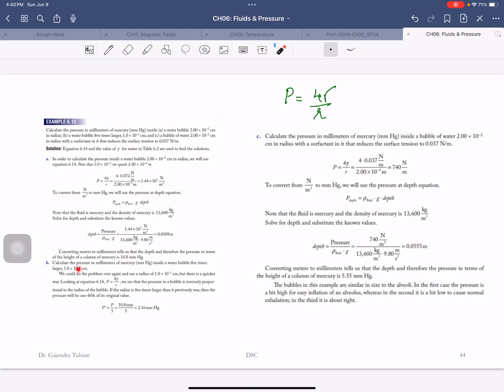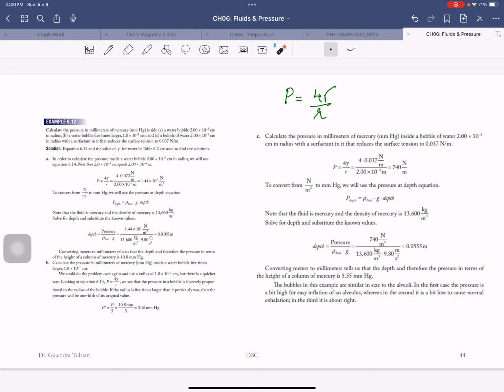When the radius is 5 times greater, the pressure decreases. So essentially it becomes 10.8 divided by 5. So it's 2.16 millimeters of mercury.